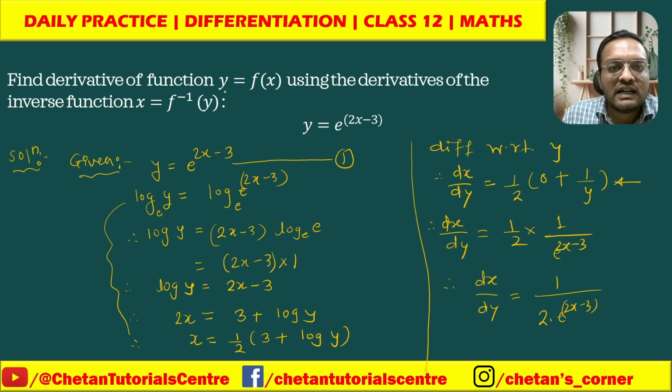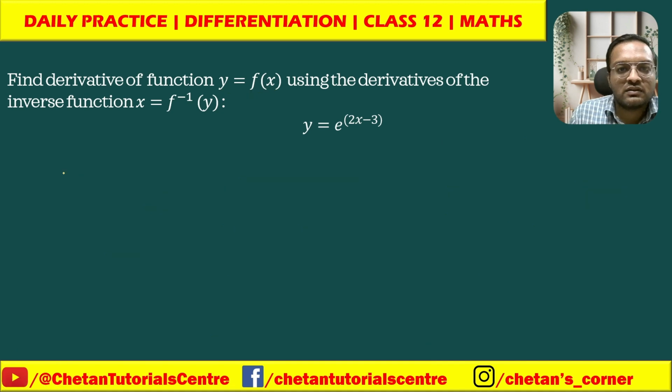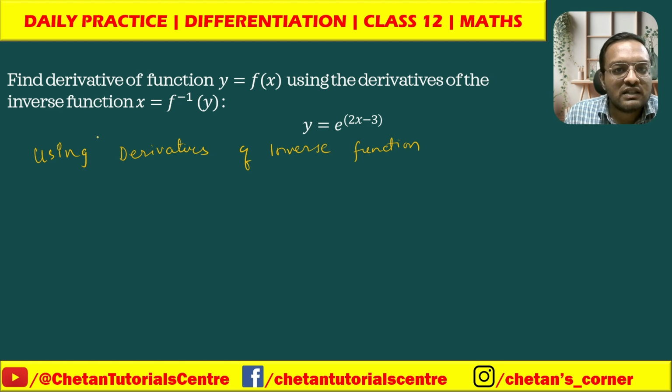Now we have to find the derivative of the function y is equal to f of x. So what I will do? Using the theorem of derivatives of inverse function, what I will get? dy by dx is equal to 1 upon dx by dy.